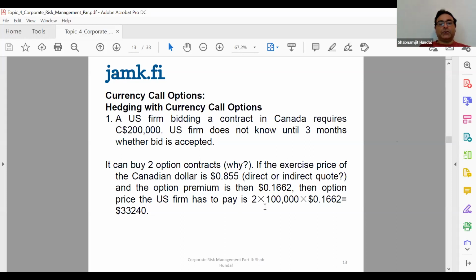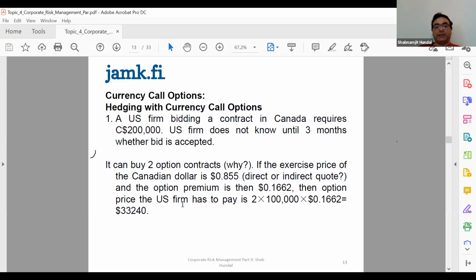So what you do, you buy 2 option contracts. Well, of course you can buy forwards and futures, but they're a little bit strange because you don't know that you will even need the contract. So you don't really know if you need it. So you go for the option.